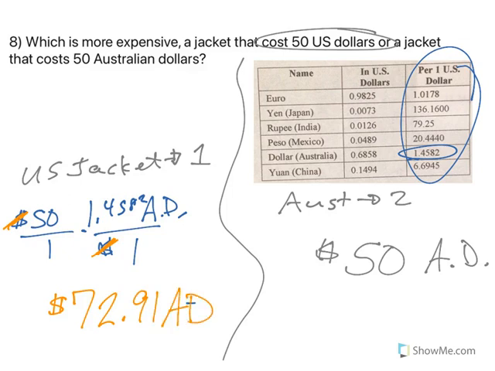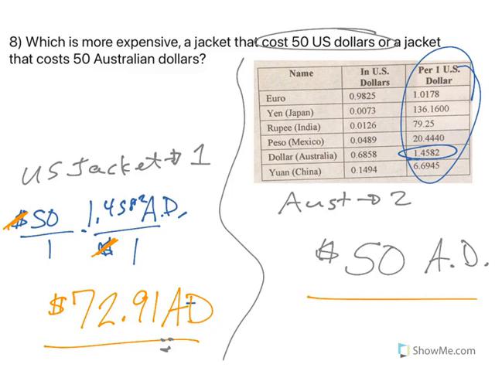72.91 Australian dollars. So they need to be in the same units so that you can compare them. And after I have them both in Australian dollars, we can see easily which one is more expensive. The US jacket. Because when I compare, 72 is more than 50.